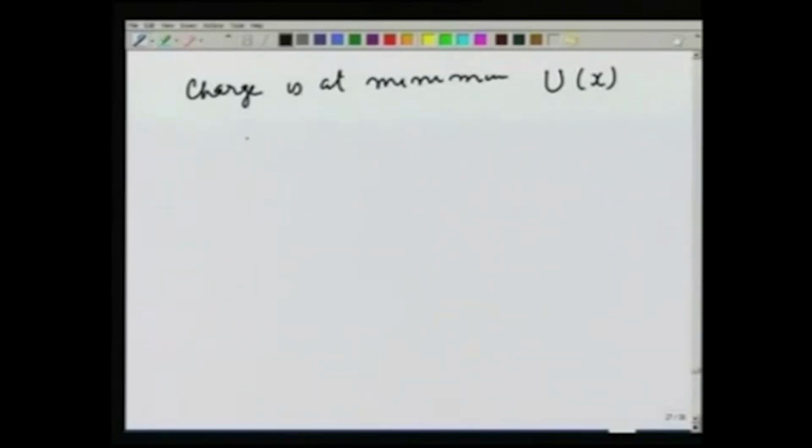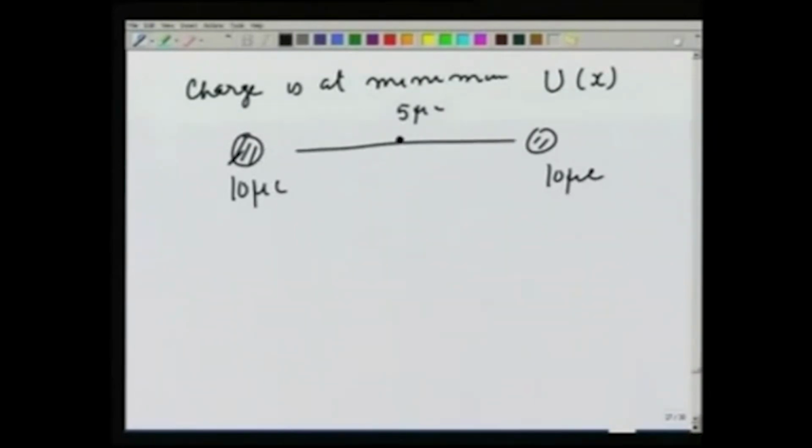So what I'm asking you to do is take these two charges of 10 microcoulombs each, put a 5 microcoulomb charge in the middle, keep them fixed, and consider the motion of this 5 microcoulomb charge about this equilibrium point. I want you to show that as I move about this, the potential energy goes up, as long as I confine the motion along this line.